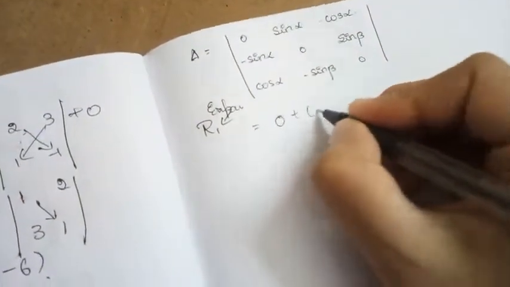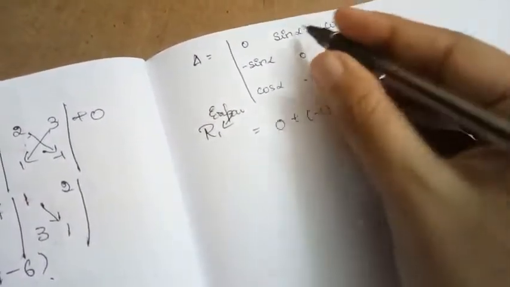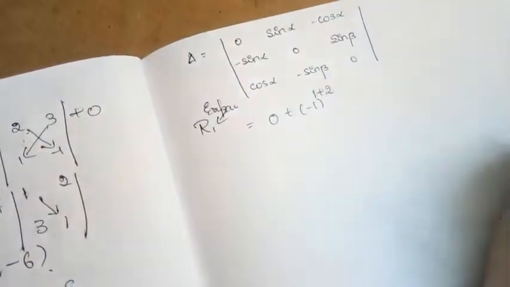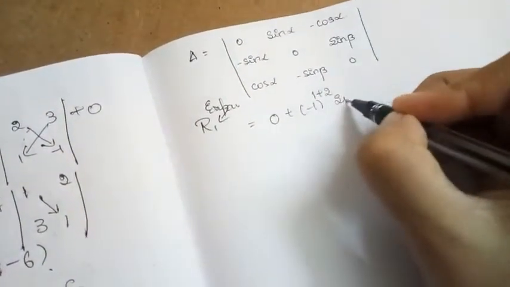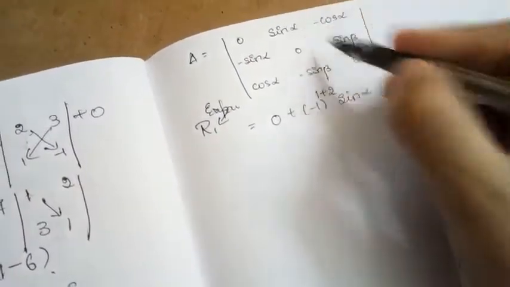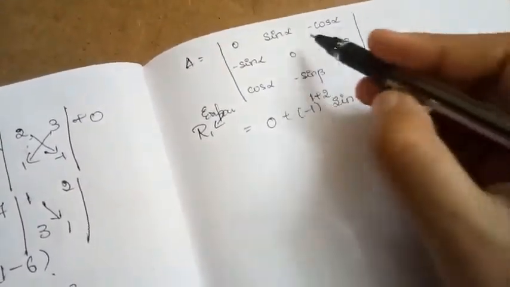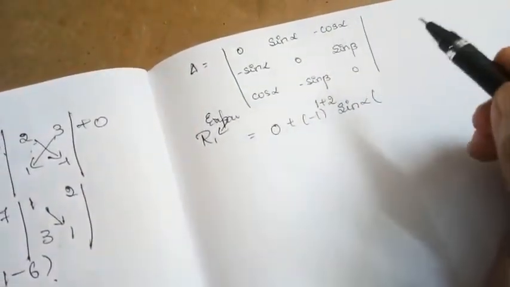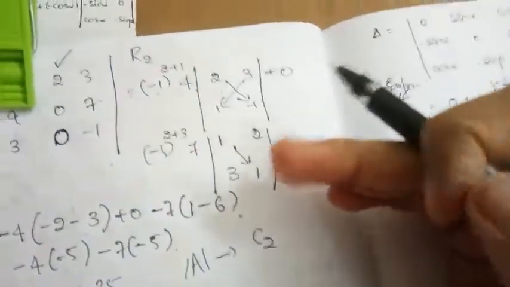Then next, minus 1 to the power, what does it become? First row, second column, sin alpha. Determinant value, I am not writing the determinant again. Now you can build it up yourself step by step. In the initial practice, start finding the determinant value step by step.